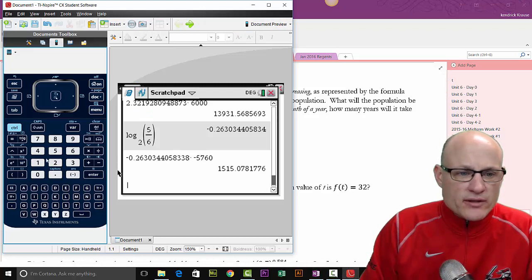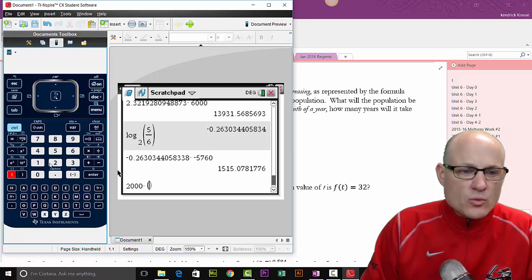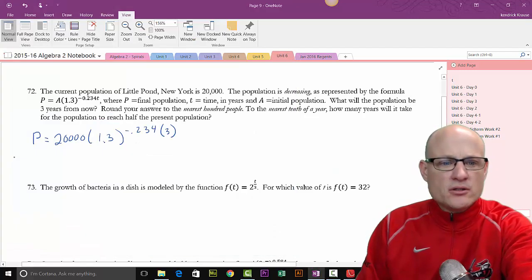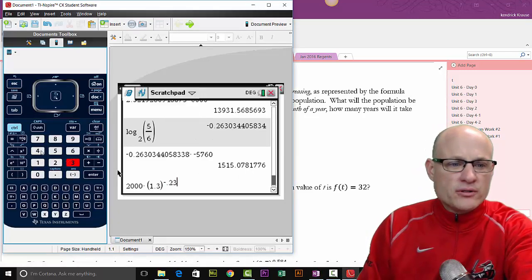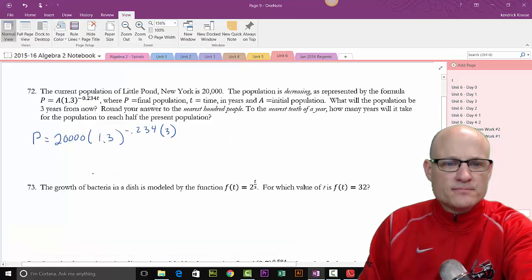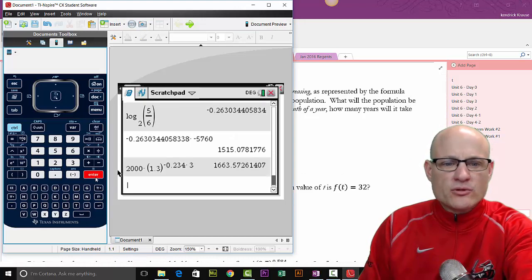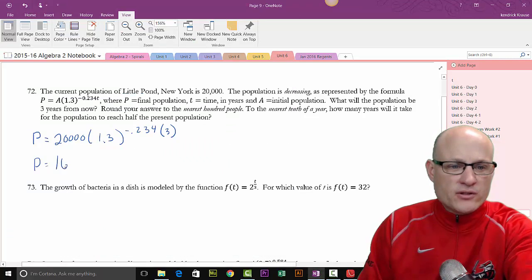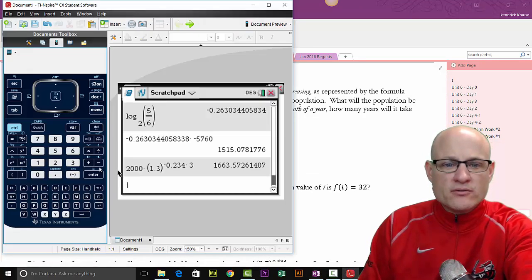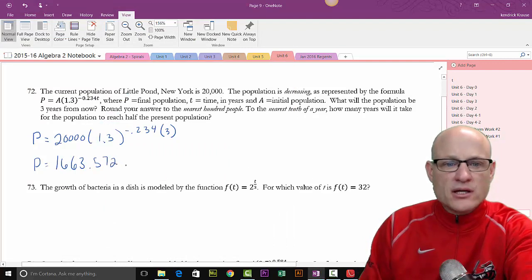So we just type that in our calculator: 20,000 times 1.3 raised to the negative 0.234 times 3 equals 1663.572. So P equals 1663.572. And round your answer to the nearest 100 people. So P equals 1,700 people.